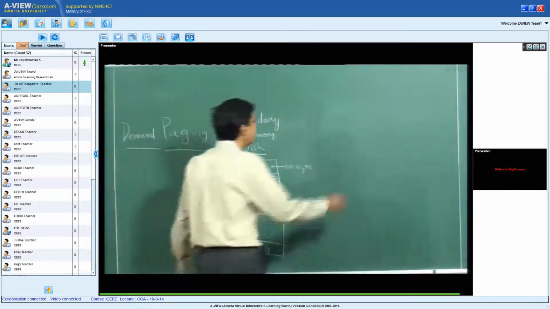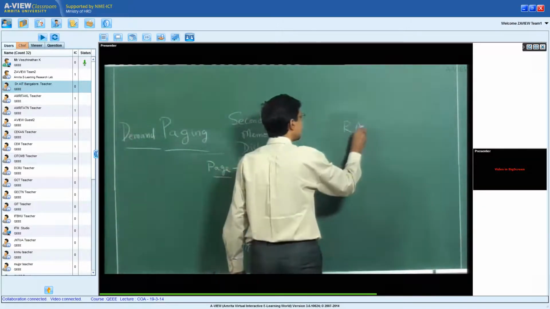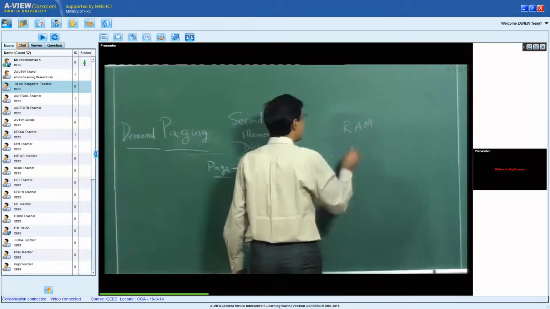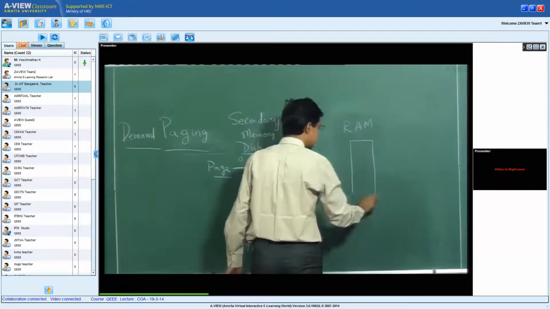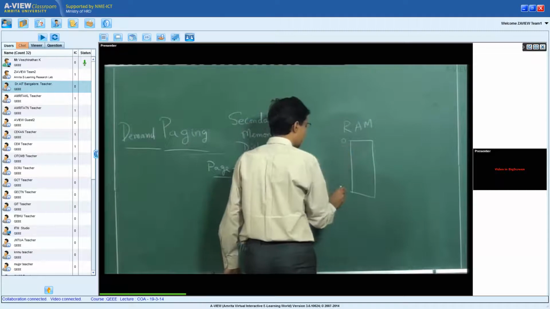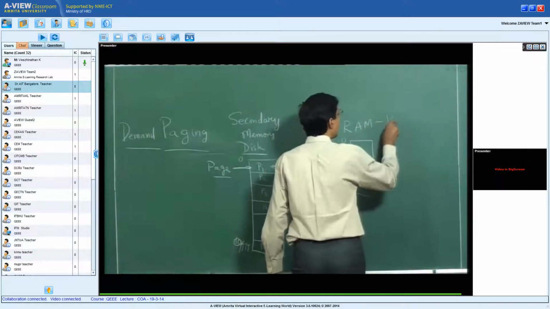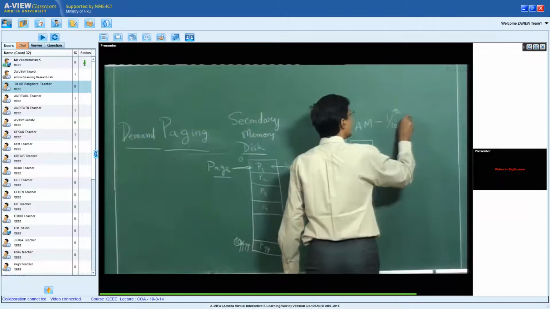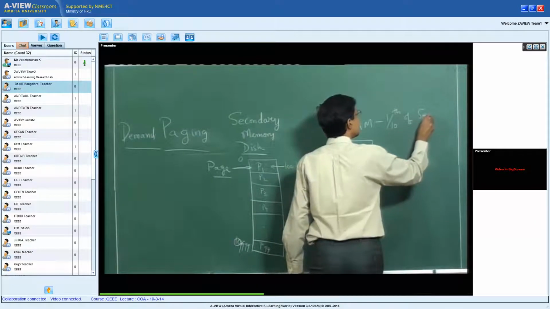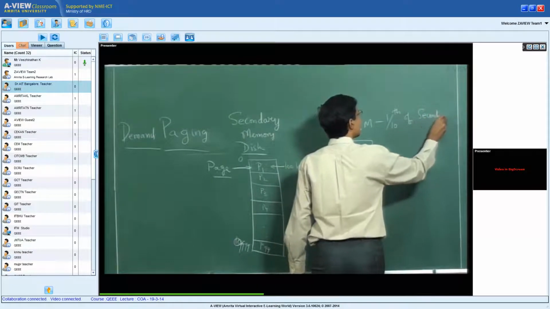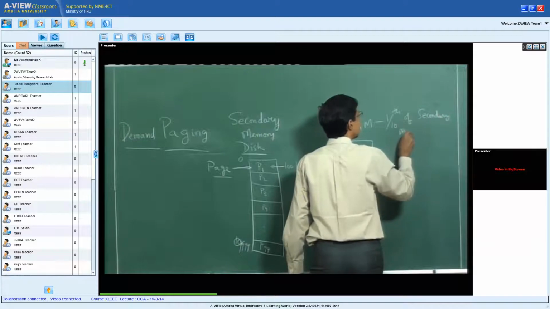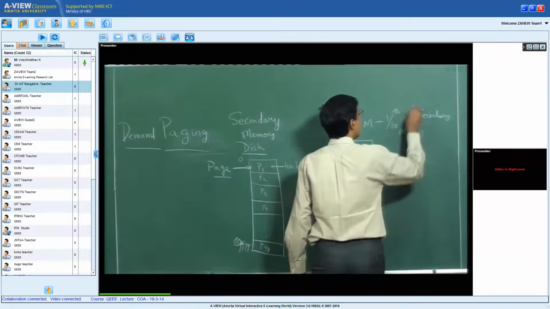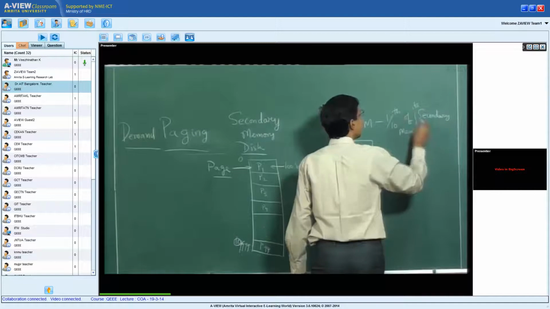Now your main memory, RAM, has only 1000 bytes, 0 to 999. So the RAM is 1/10 of the secondary memory.